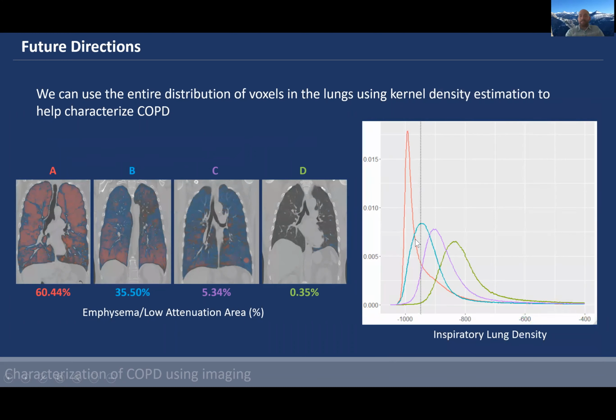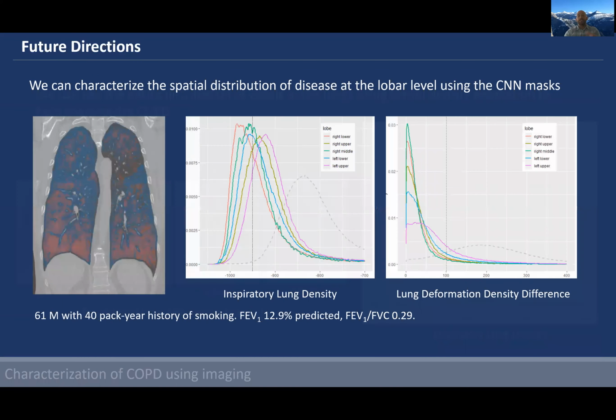And just the shapes of these distributions, the locations, the skewness, certain summary measures of these distributions might be useful in further characterizing COPD. We can also separate these distributions out spatially, right? We have that 3D lung segmentation algorithm which separates out by lobes, and we can further characterize the disease of COPD based on the locations of the lobes.